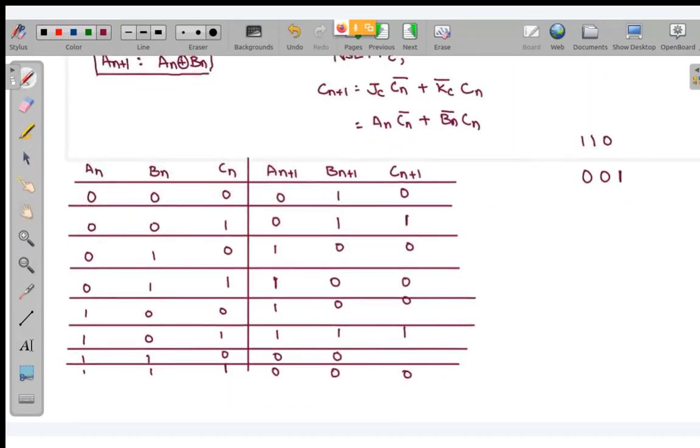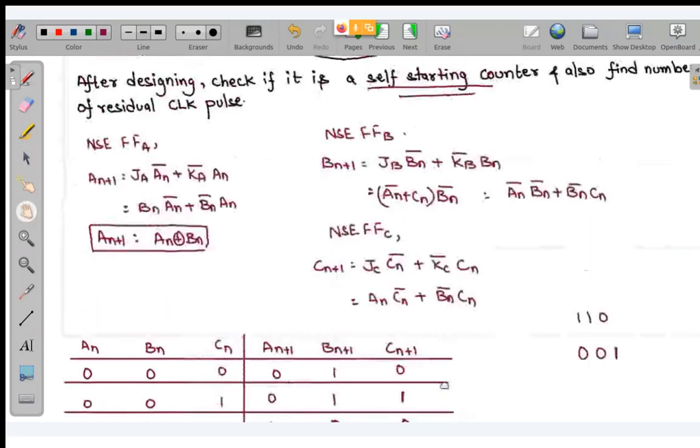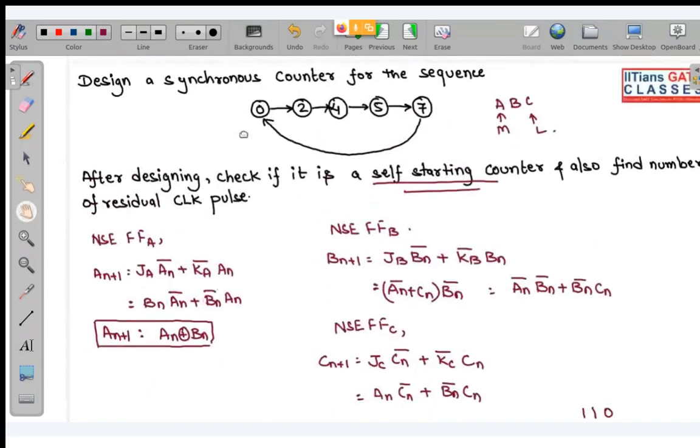Tell me if you are getting this or not. Is this clear? See, in this state diagram we were missing the states. It was designed using a 3-bit counter with 3 JK flip-flops.